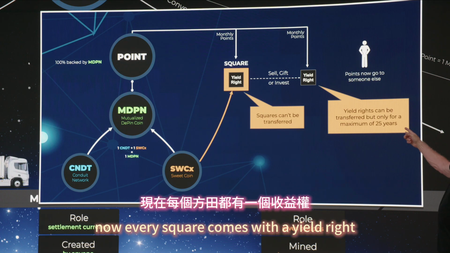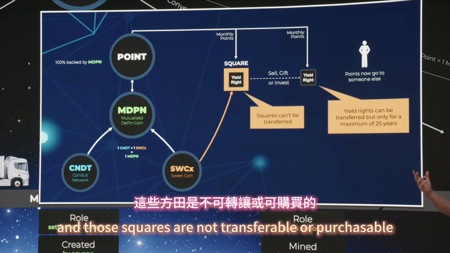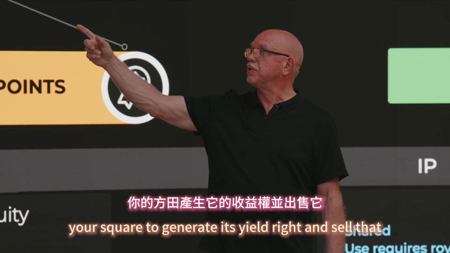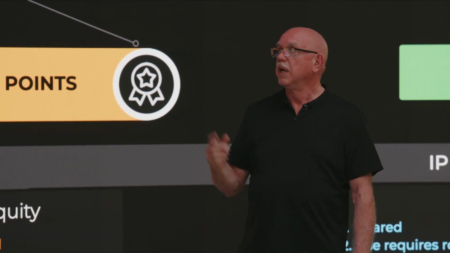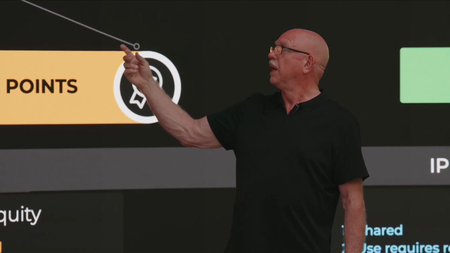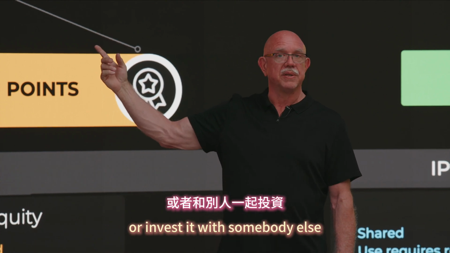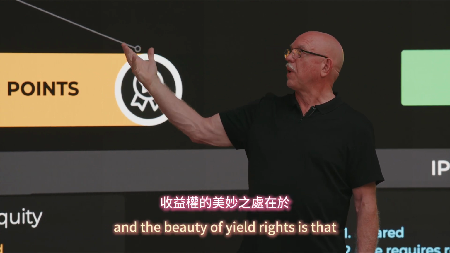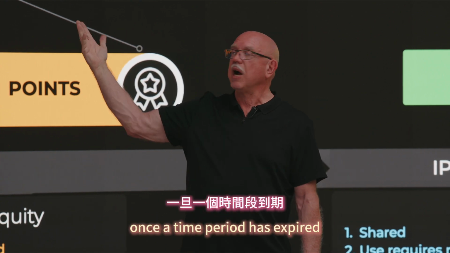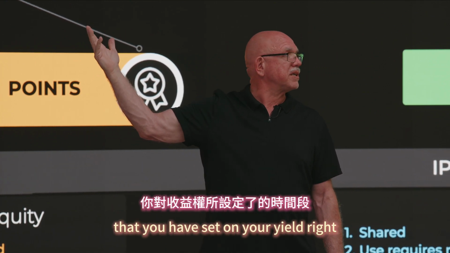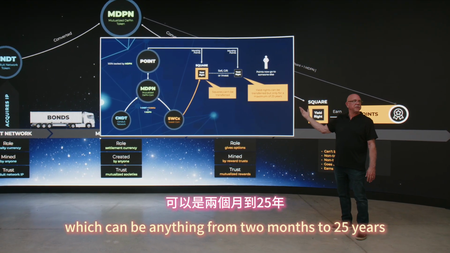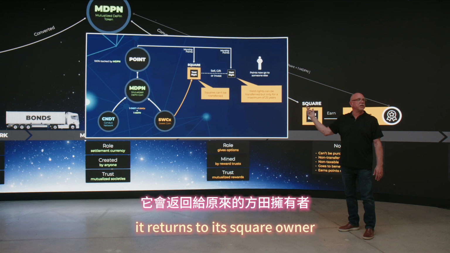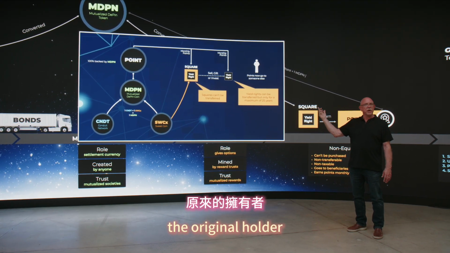Now, every square comes with a yield right, and those squares are not transferable or purchasable. You can use your square to generate its yield right and sell that to somebody else, gift it to somebody else, or invest it with somebody else. And the beauty of yield rights is that once a time period has expired that you have set on your yield right, which can be anything from 2 months to 25 years, it returns to its square owner, the original holder.